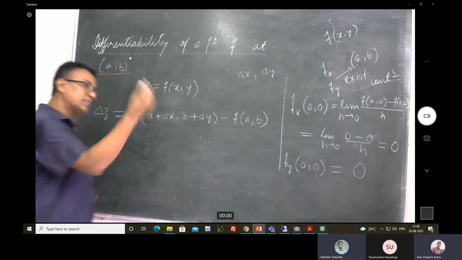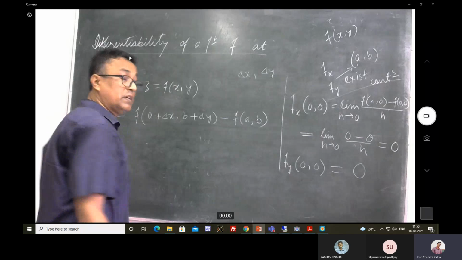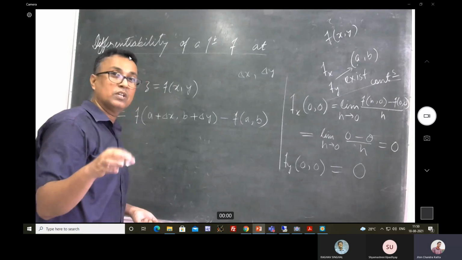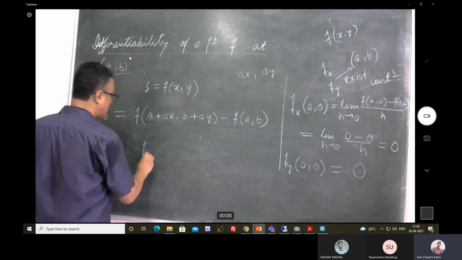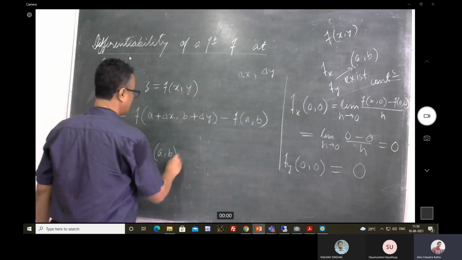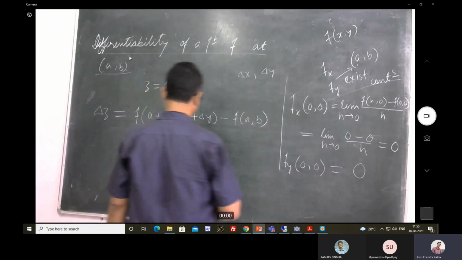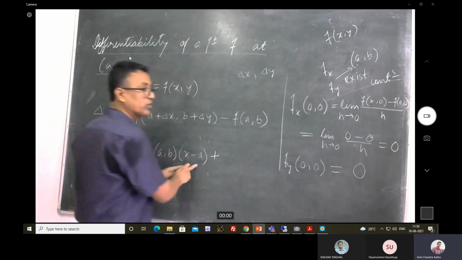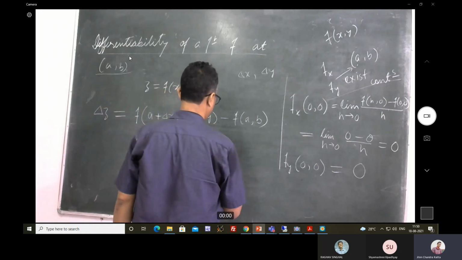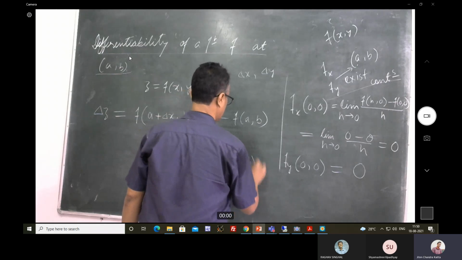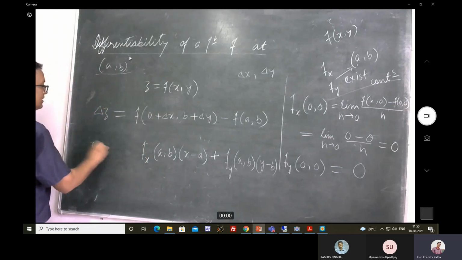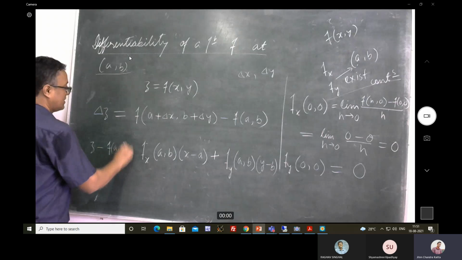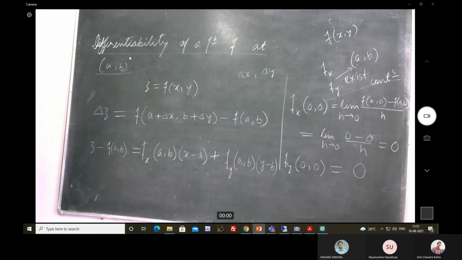As in the case of a function of one variable, if I now go to the tangent approximation for a function of two variables, the tangent plane would have been given by this expression, z minus f(a, b) equal to fx times (x minus a) plus fy times (y minus b).